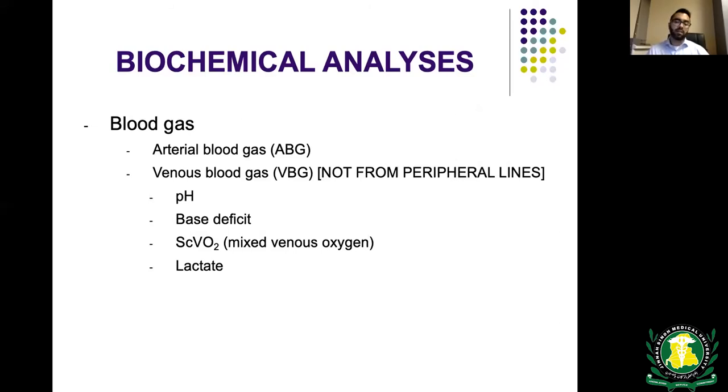As tissue becomes hypoxic, more and more oxygen is going to be extracted from the blood as it goes through the capillaries, which results in decreased oxygen saturation in the central veins reaching the right heart. So if your value of mixed venous oxygen is too low, and the threshold that we typically use is about 65, if your mixed venous is less than 65, that means tissues are extracting too much oxygen, and that signifies that there is a deficit in delivery.